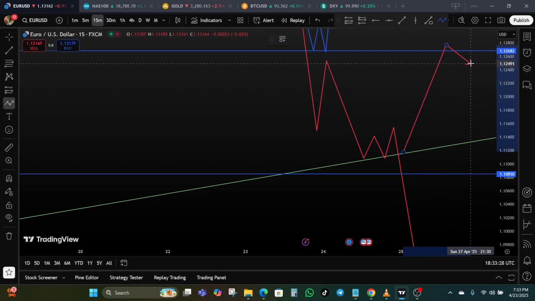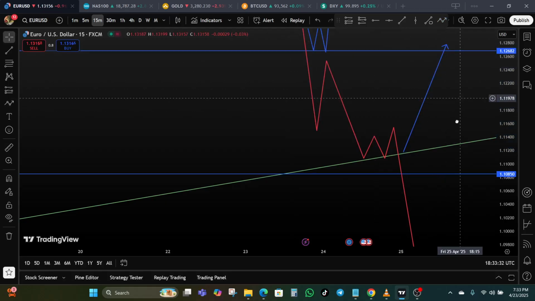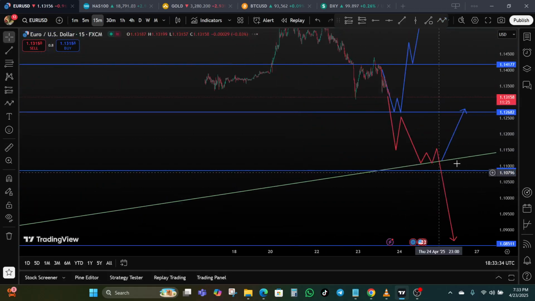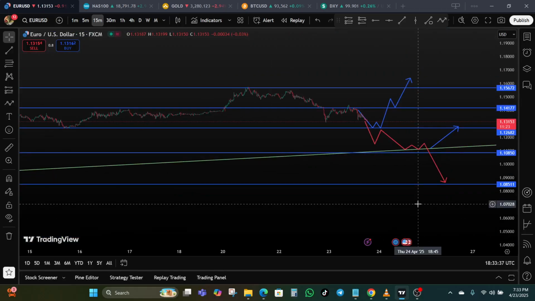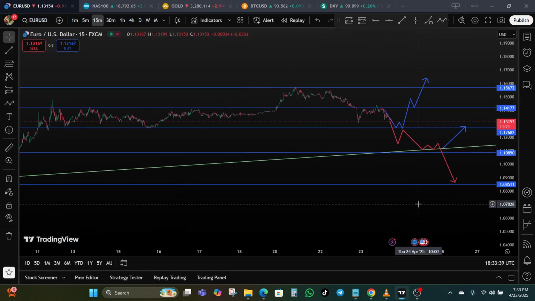This is strictly price action analysis, no technical indicators involved whatsoever. So that is your strategy based on the G7 technique.